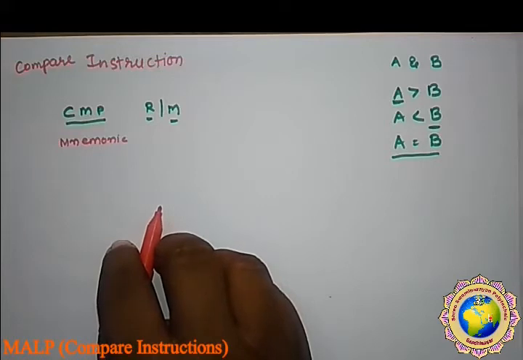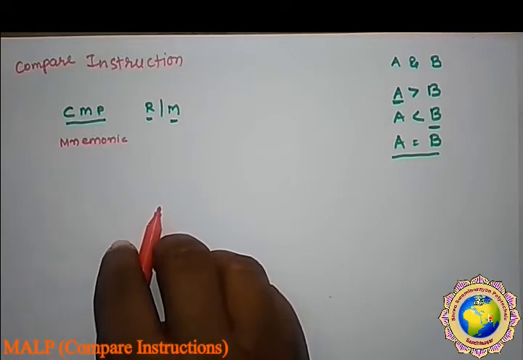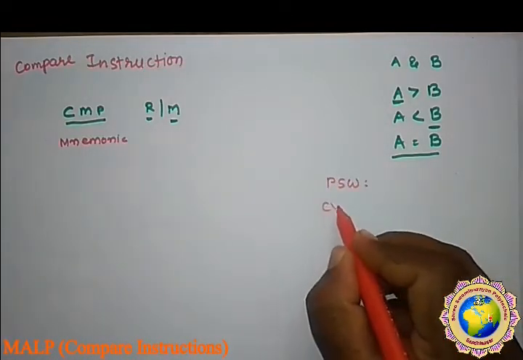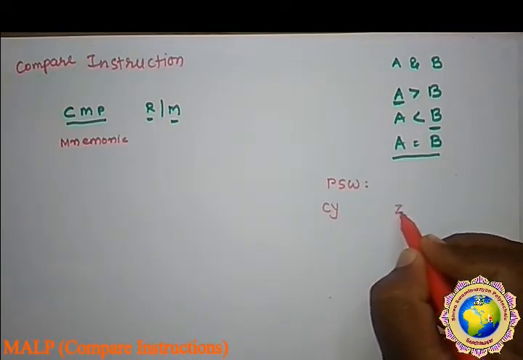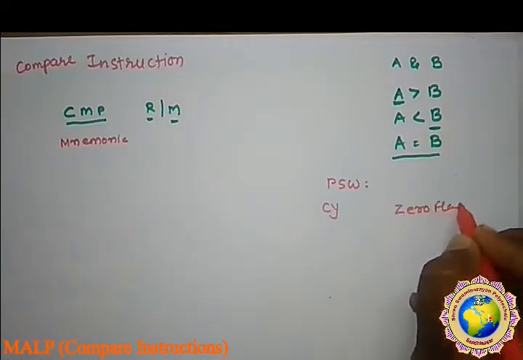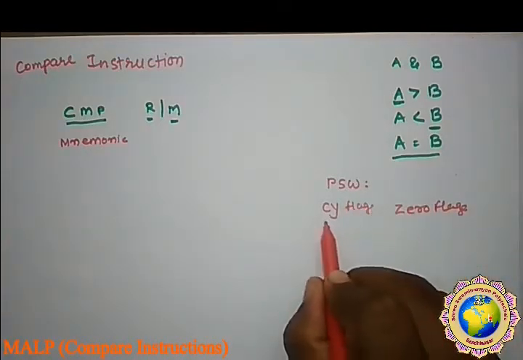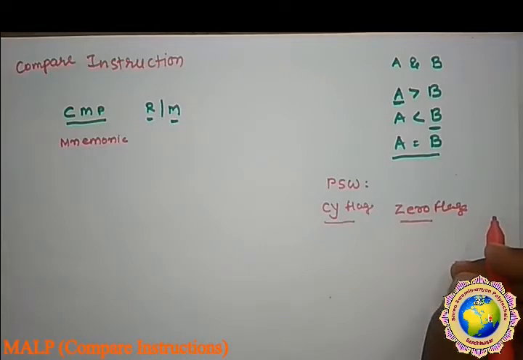How can we know whether A is greater than B, B is greater than A, or both are equal? That depends on the carry and zero flags, which are part of the PSW, the program status word. From the status of these two flags, we can know whether it is greater than, less than, or equal.